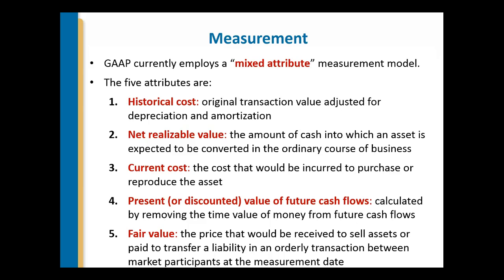Present value is calculated by removing the time value of money from future cash flows. Oftentimes we do that with leases. Fair value is the price that would be received to sell assets or paid to transfer a liability in an orderly transaction between market participants at the measurement date.